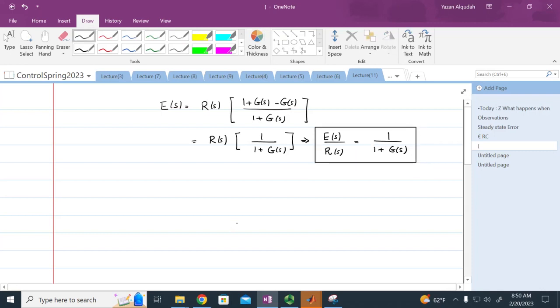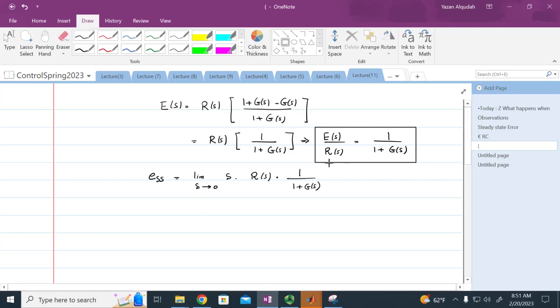Okay. So therefore, if I want to calculate the steady state error using the final value theorem, this is going to equal the limit as s goes to 0 of s, this is coming from the theorem, multiplied by R of s, multiplied by 1 over 1 plus G of s.